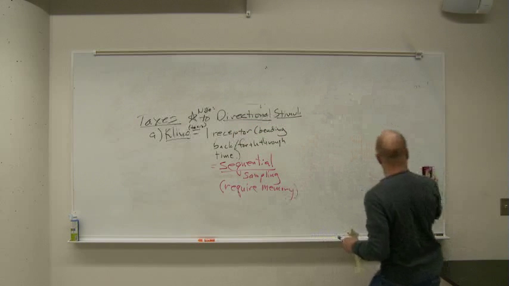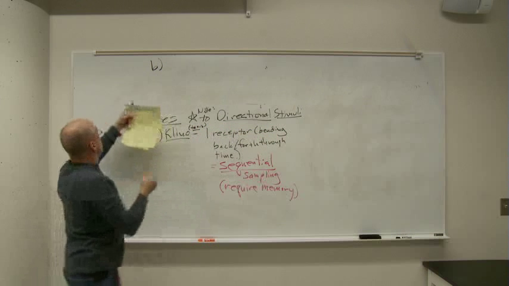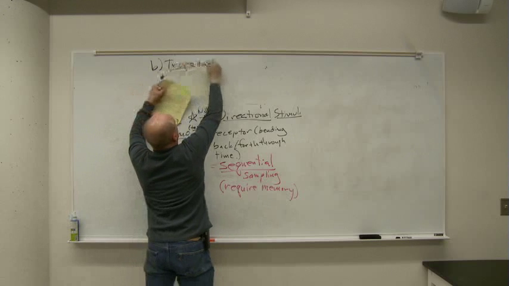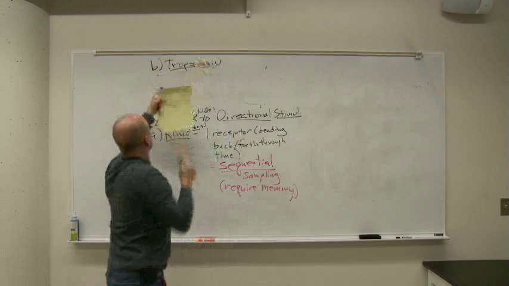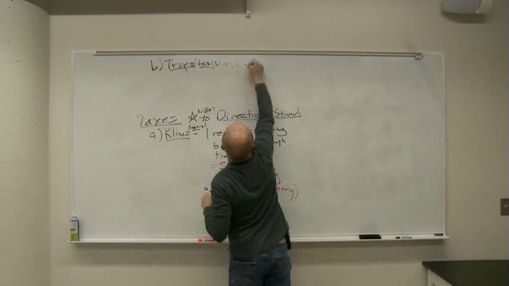All right. So the next one, continuing the list, is going to be tropotaxis. Tropotaxis is where we use 2 receptors.